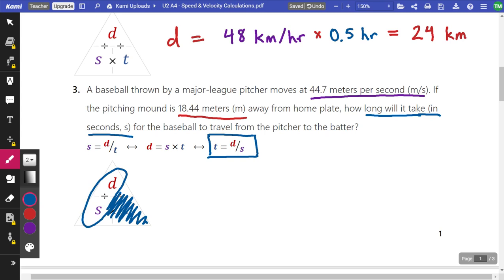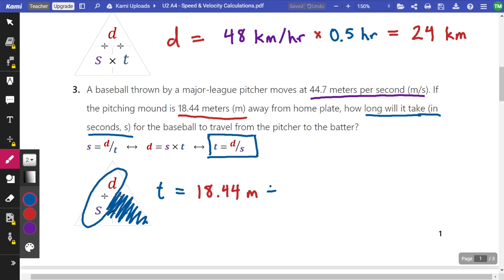All right, so let's plug that in. t equals, my distance is 18.44 meters. Actually, I'm going to do this a little bit different this time. I'm going to write this with a division sign instead of the fraction bar, just so you can see it two different ways.